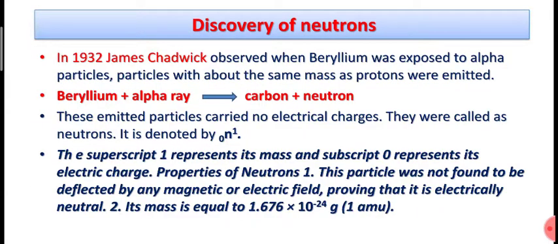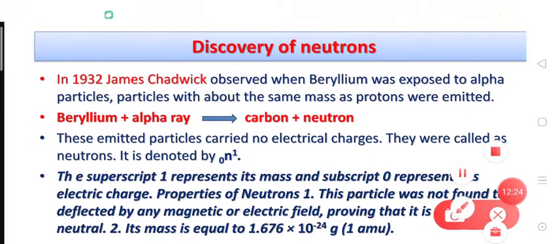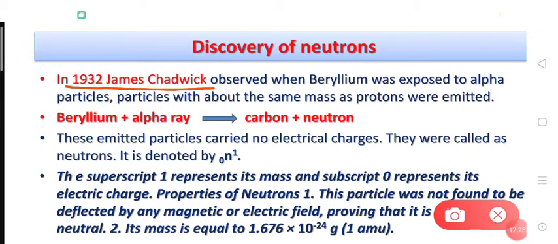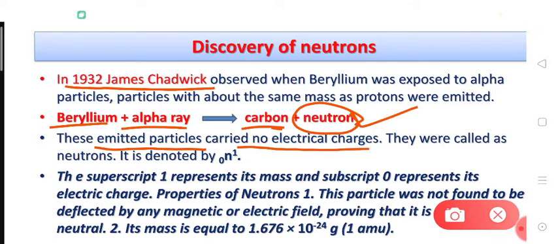Dear students, now let's discuss the discovery of the neutron. The discovery of the neutron was done by James Chadwick in 1932 when he bombarded beryllium with alpha rays. What happened was that the beryllium converted into carbon and beams of certain neutral particles originated, which are called neutrons. These emitted particles carried no electric charge.